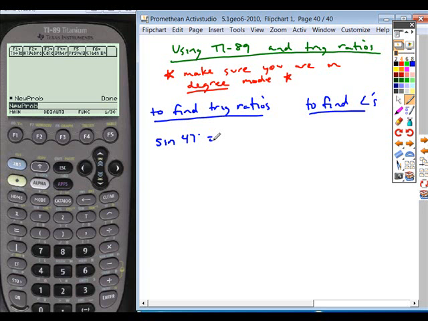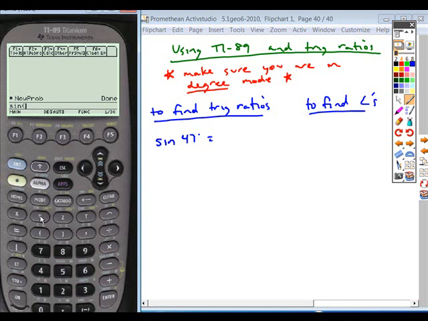Using your calculator for this winds up being pretty simple. All the trig ratios are along this first line of the letters here, the x, y, z, t line. So if you hit second function Y and type in 47, now if I don't put anything after this and I just hit enter, I'm in exact mode, so it's not going to give me the decimal form.